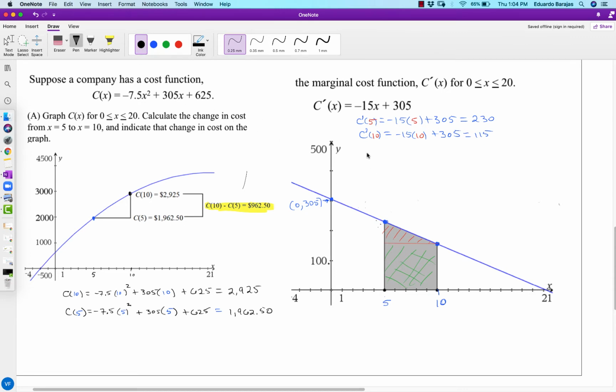So the entire area is going to be equal to the area of the triangle plus the rectangle. So the triangle will be 1/2 base times height. In fact, let me zoom in here for a little bit.